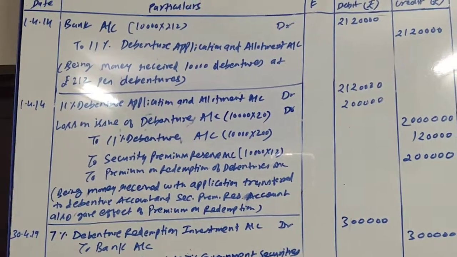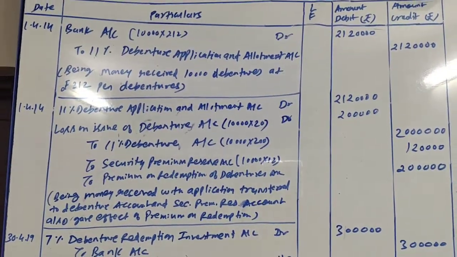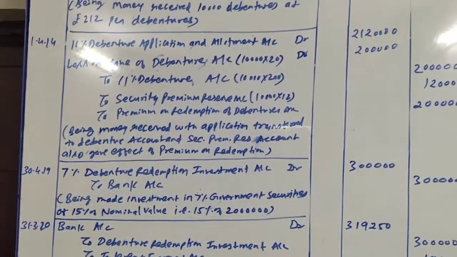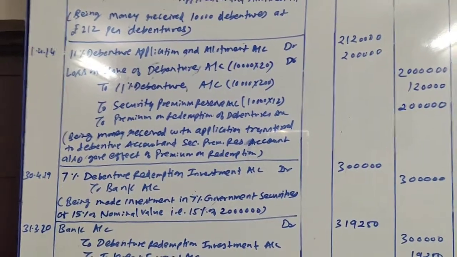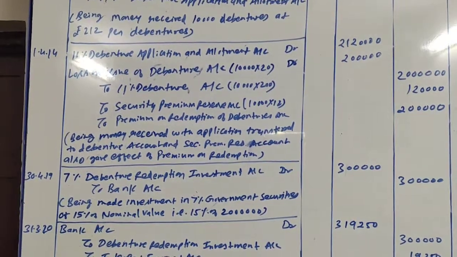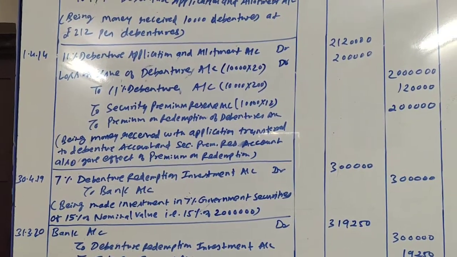So 15% of 20 lakh will be 3 lakh. 3 lakh rupees will be invested in 7% government securities. So 7% debenture redemption investment account debit to bank account 3 lakh, being investment made in 7% government security of 15% of nominal value, that is 15% of rupees 20 lakh.